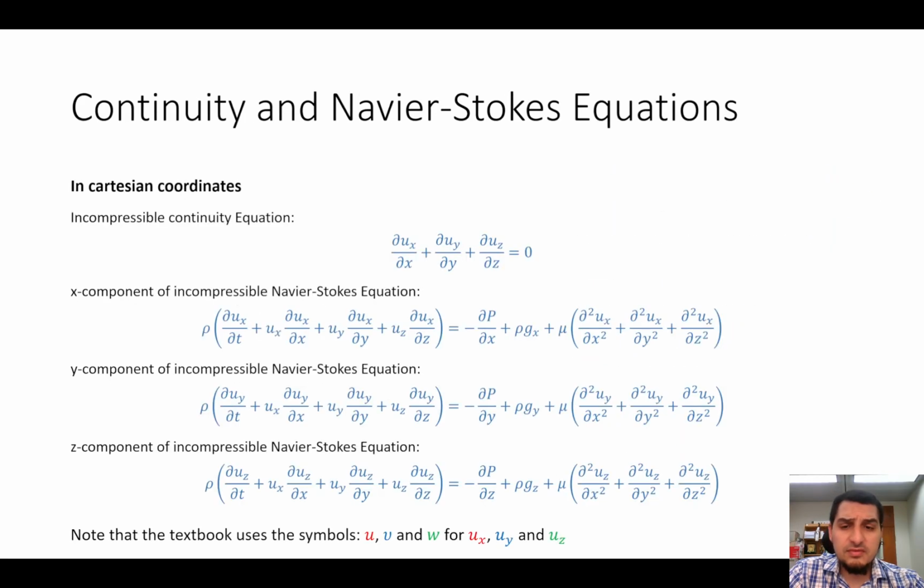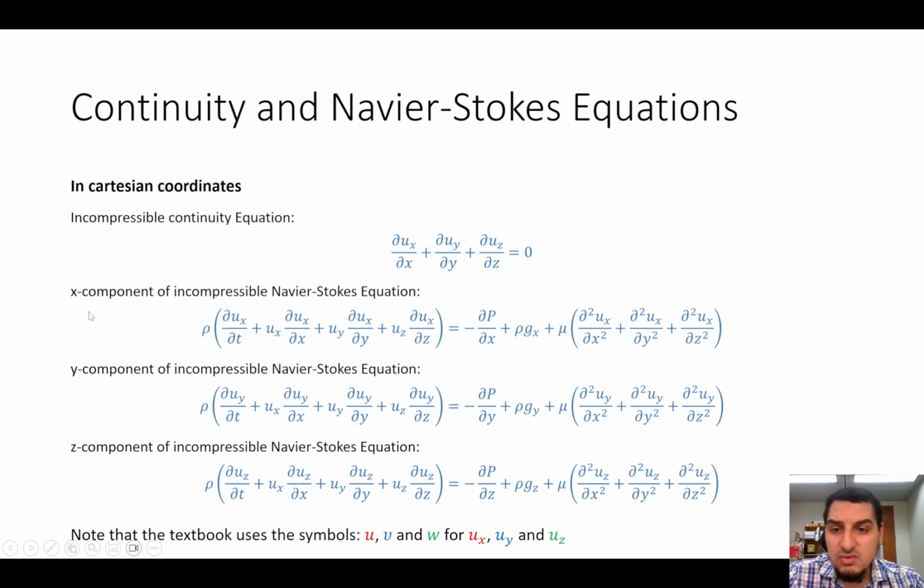And now we can have a look at the expanded form of the equation, and this is what we are going to use for the rest of this chapter. We have the incompressible continuity equation, and we use it because these are all for incompressible flow. We have to make it consistent. The equations must be consistent for all of them.